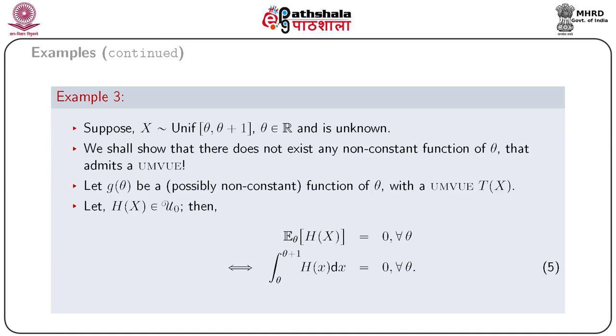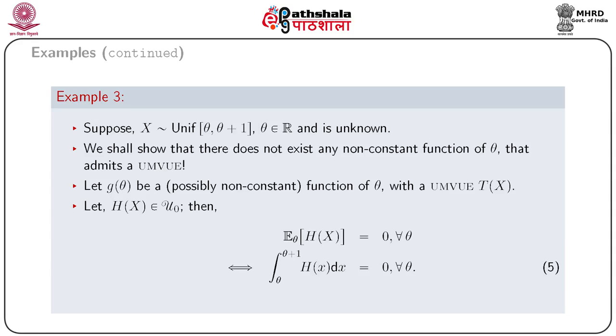Example 3. Suppose X follows a rectangular distribution with parameters theta and theta plus 1. We shall prove that there does not exist any non-constant function of theta which admits a UMVUE. To prove this, suppose g(theta) is any non-constant function of theta.